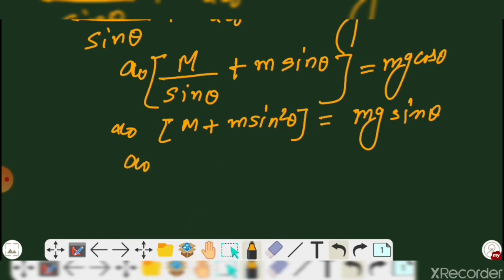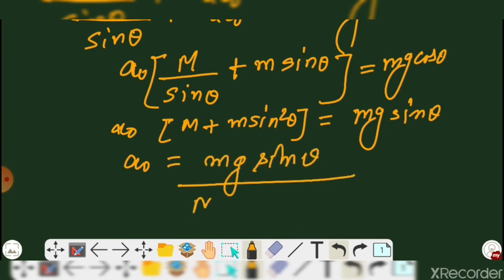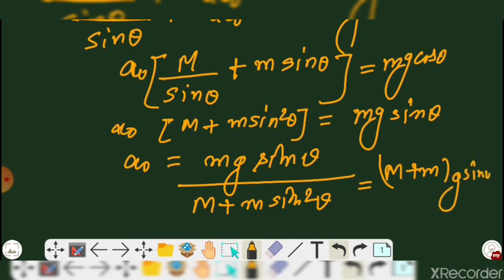So a0 is equal to mg sin theta upon m plus m sin square theta. This is the expression we are getting, and when considering the masses of both, you can write it like this, with g sin theta. That is the value of the acceleration.